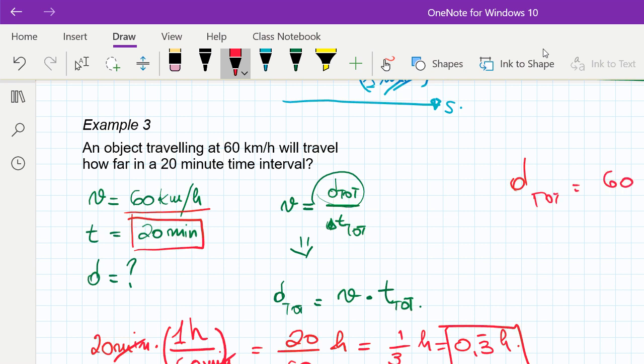And now look at the units, guys. Kilometers per hour times 1/3 hours. So again, hours and hours will cancel out, and what you are left with is kilometers. And this will be equal to 20 kilometers.